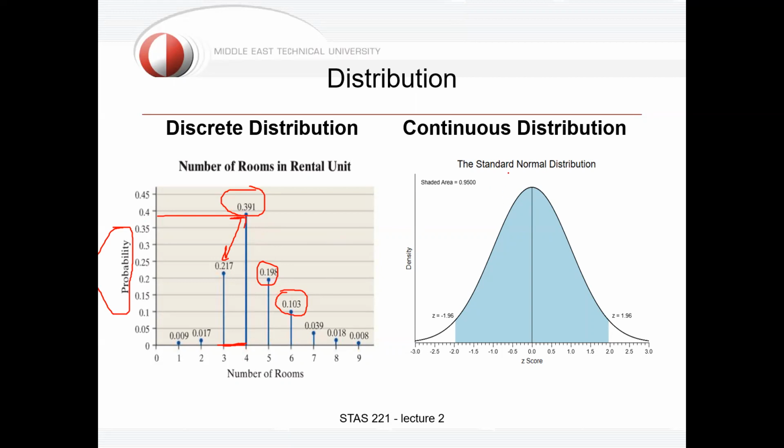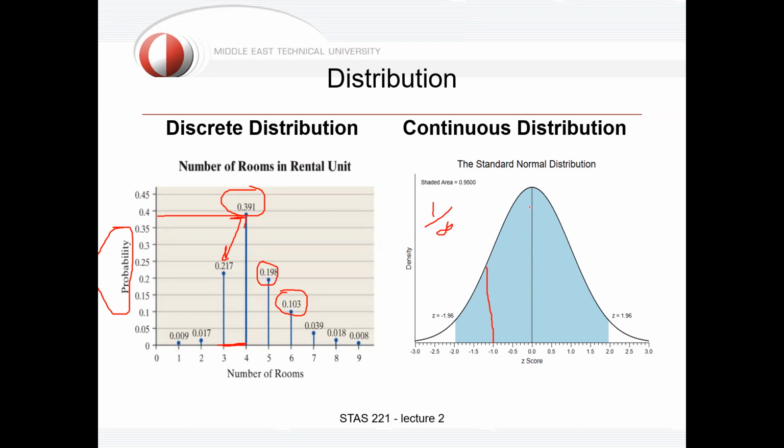And look at the continuous distribution. In this case, when you talk about just a point, let's say -1, we are talking about just a line under the curve. So the probability is 0 because we are just talking about one point over an infinite number of points.